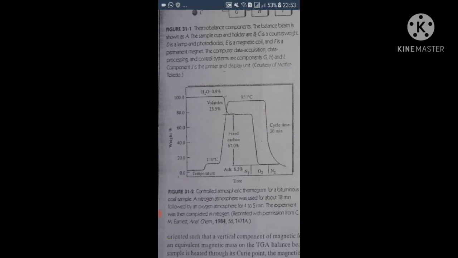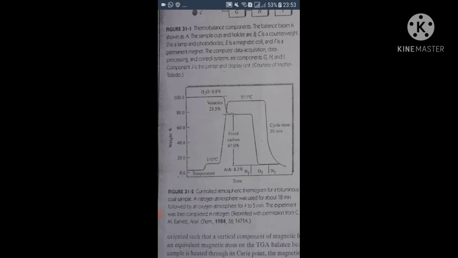The purge gas was nitrogen during the first 18 minutes, while the moisture contents and the percentage of the volatile matter were recorded. The gas was then switched to oxygen, which causes oxidation of carbon to carbon dioxide.